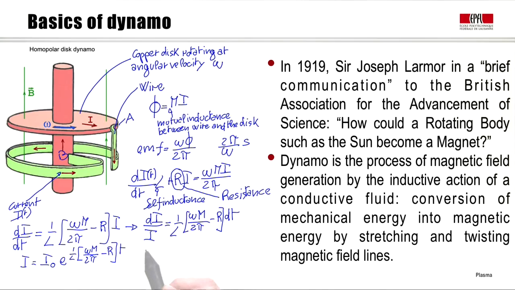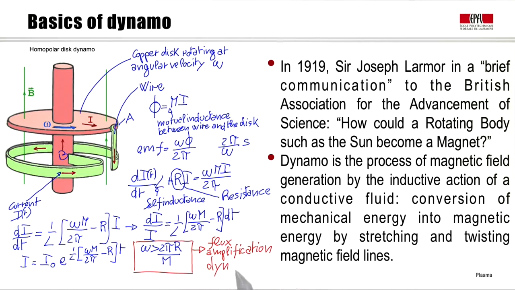If we look at the solution, we note that if omega is larger than 2 pi R divided by the mutual inductance, the current will grow exponentially. This provides flux amplification and therefore dynamo action. We also note that if we now spin the disk in the opposite direction such that omega is negative, no dynamo is possible since an initial current will be damped.